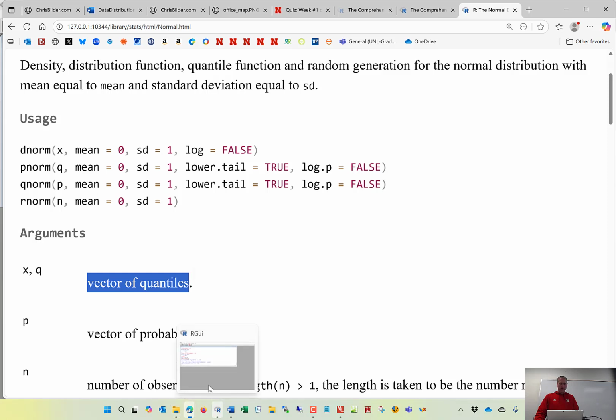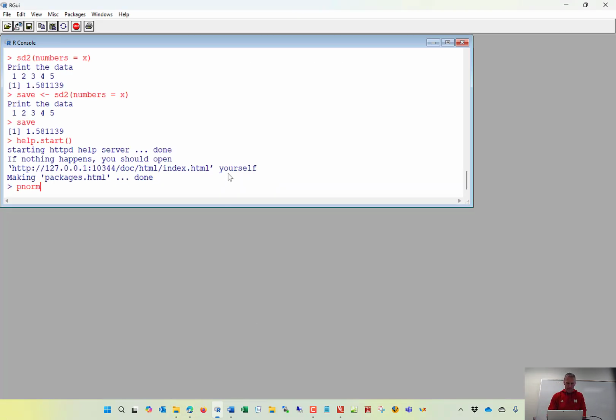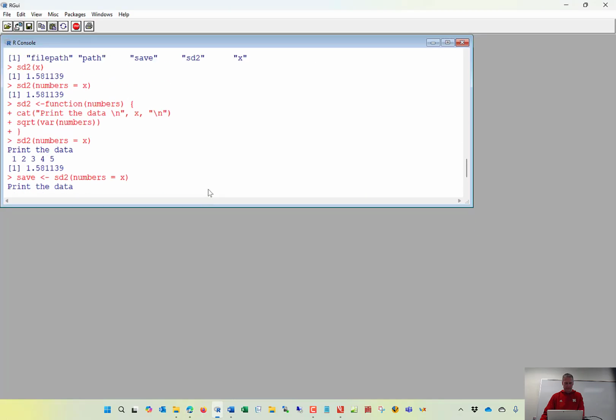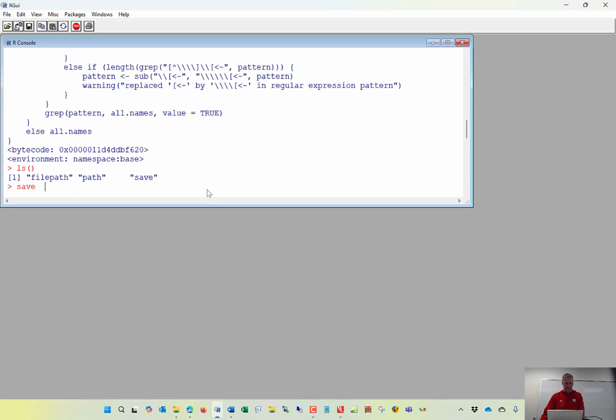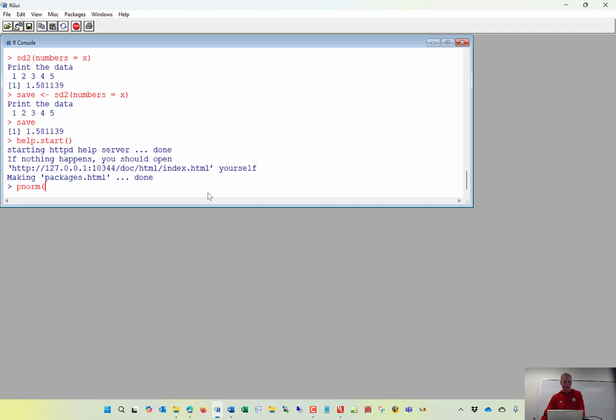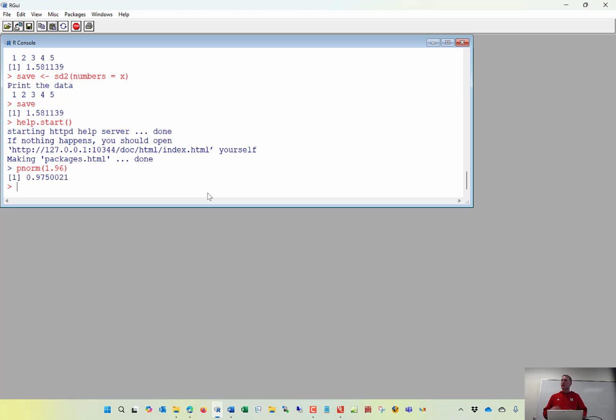So when I executed pnorm 1.96, notice I got 0.975 back. What that means is 1.96 is the 0.975 quantile from a standard normal distribution.